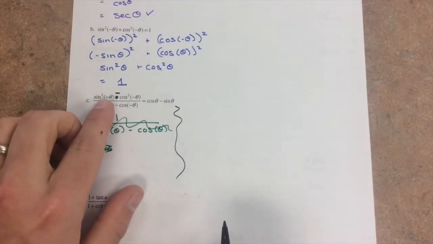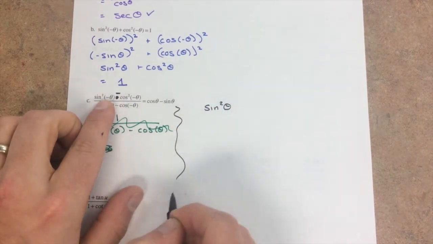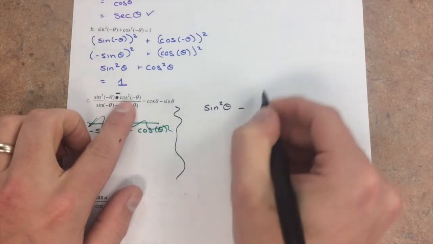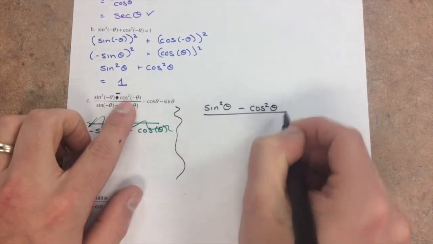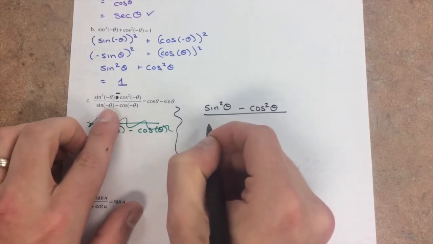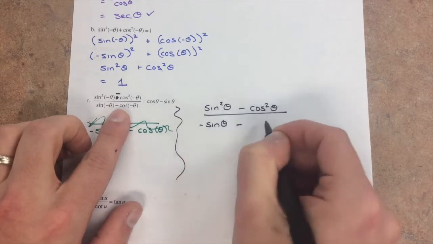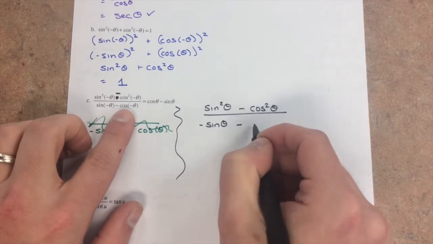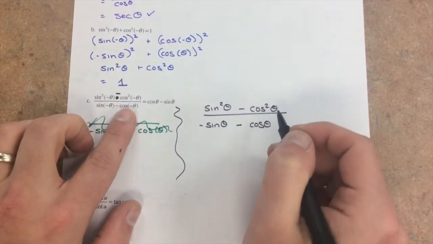The sine squared of a negative angle would just be what we showed above, positive, minus the cosine squared of a negative angle is just the same thing as this. Now we have this would be a negative sine theta. This would be minus cosine theta, because that just becomes the angle itself.